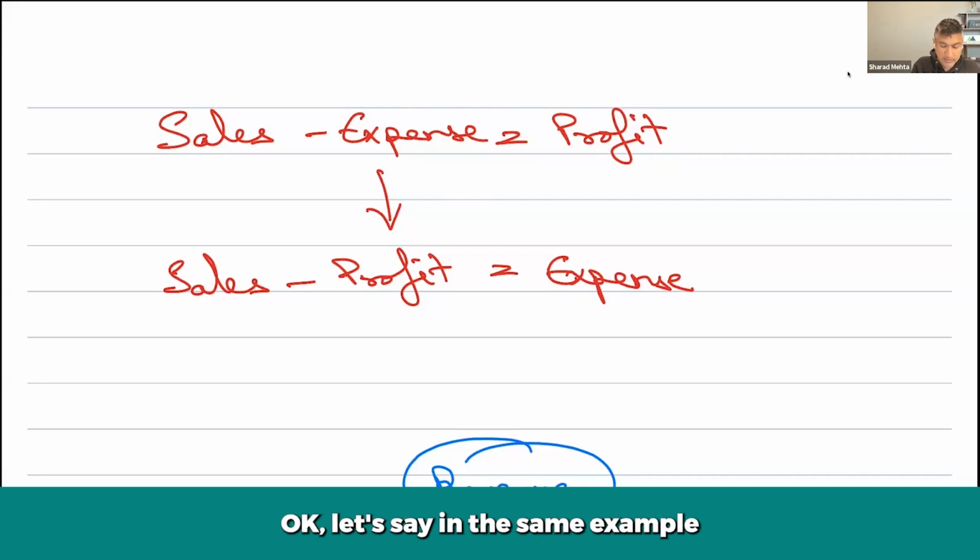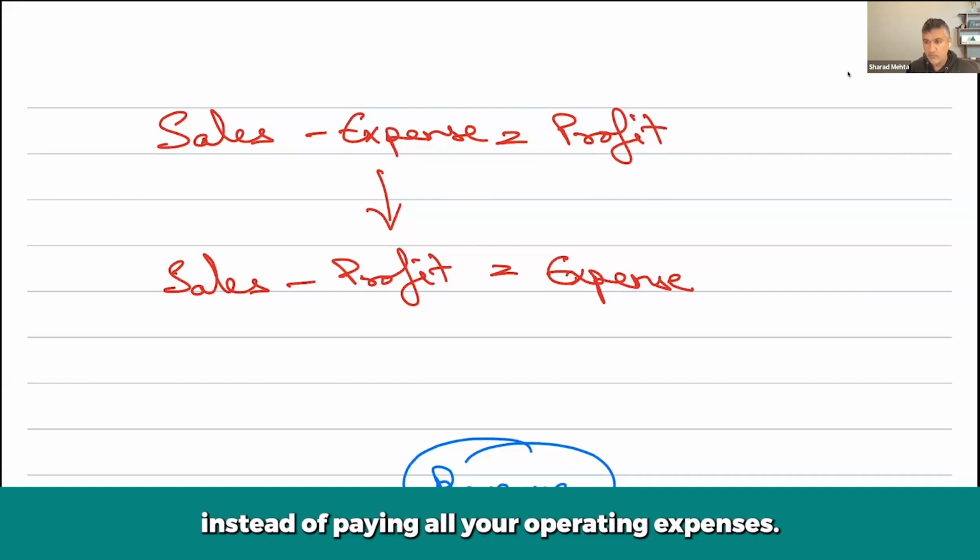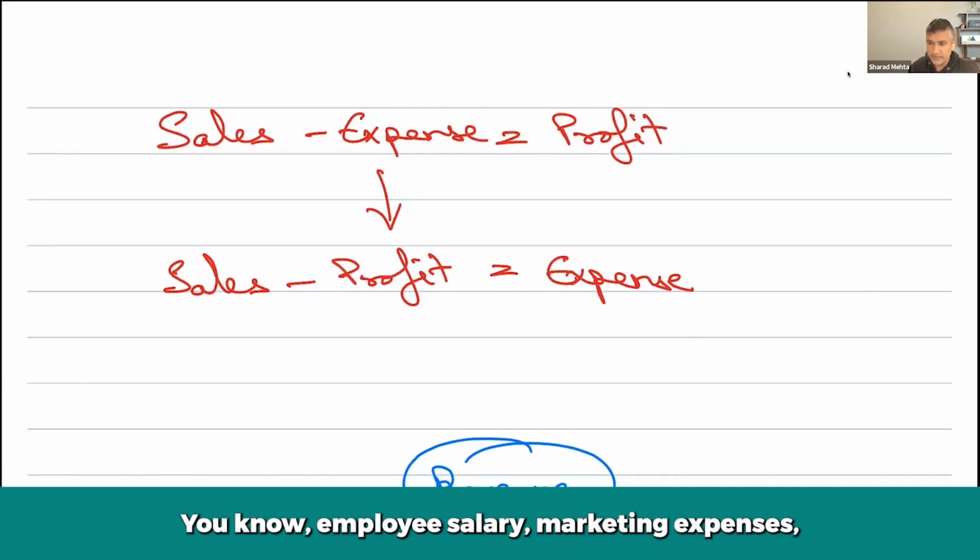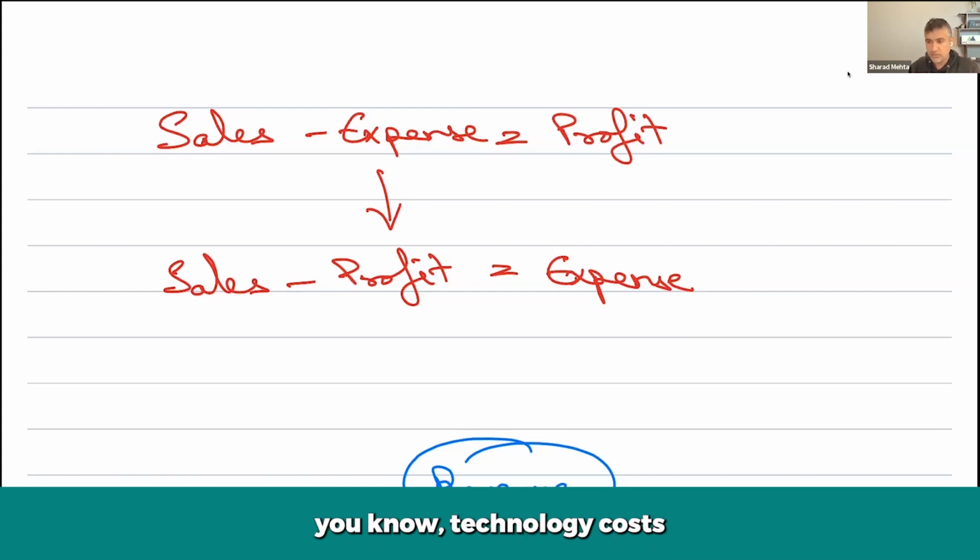Let's say in the same example, you have $350,000 in revenue. Instead of paying all your operating expenses, like employee salary, marketing expenses, technology costs, your supplies, your rent, or anything else that you have, you actually take out, let's say 10% towards the profit allocation for the business.